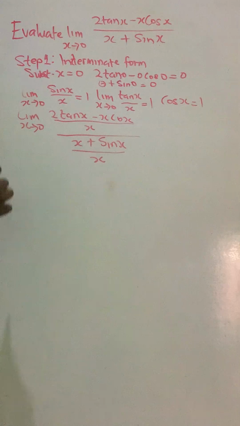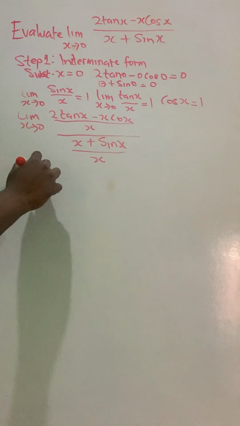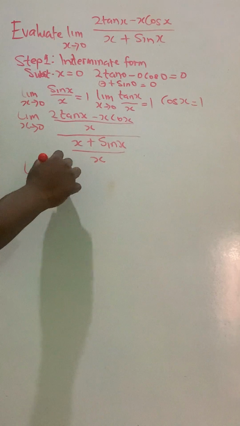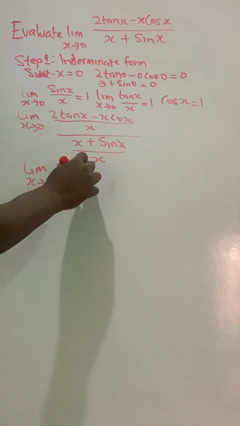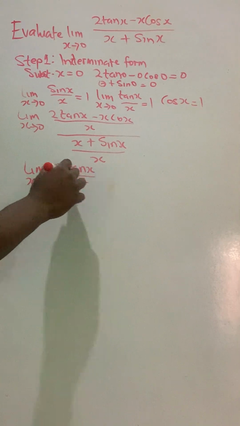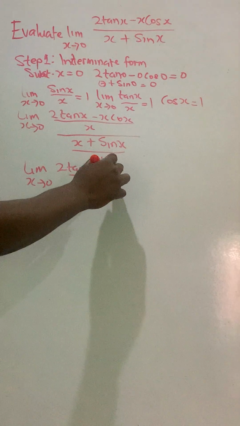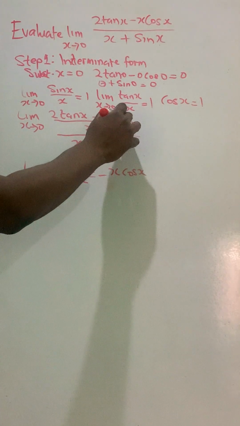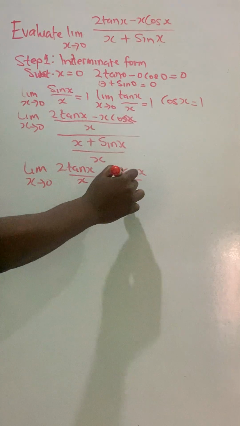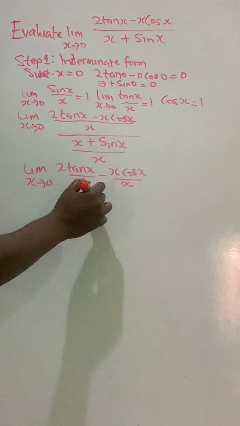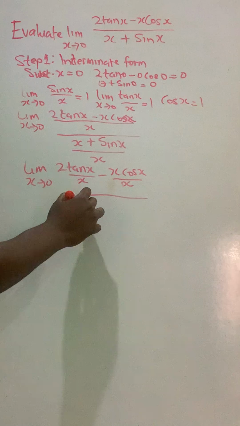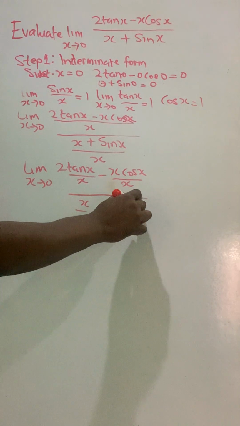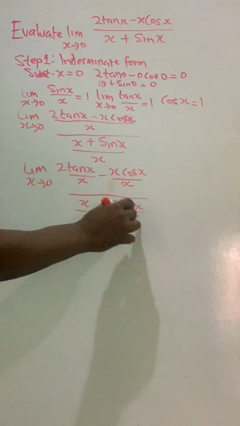Doing that, we'll be having lim x tends to 0 of 2 tan x divided by x, minus x cos x divided by x, over x divided by x plus sine x divided by x.